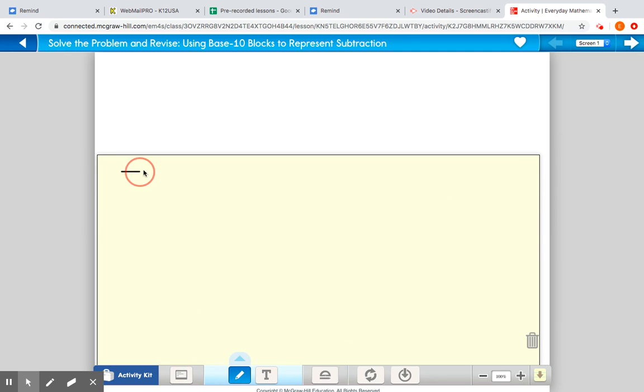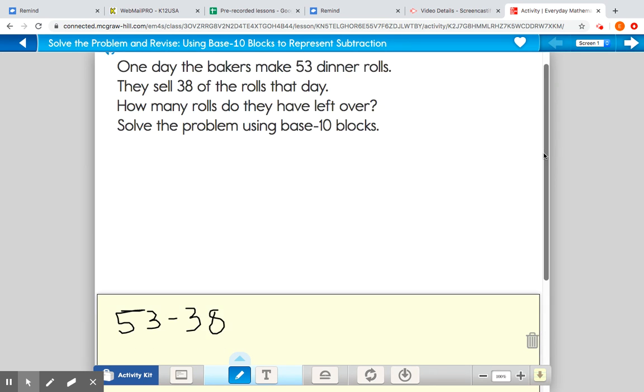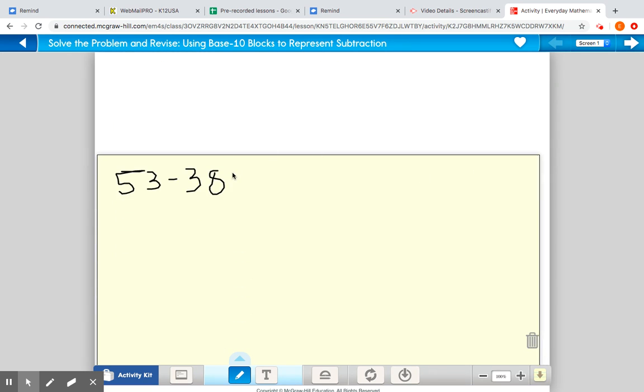Let me just double check. 53, 38. Yep, okay. Equals, we're not sure what it equals yet.